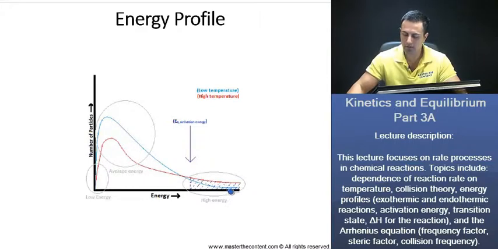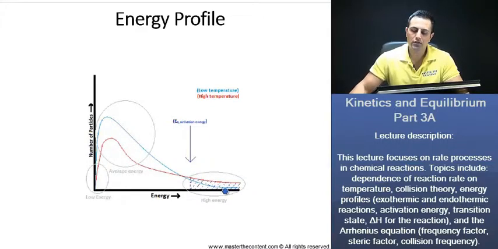Sorry, I should have just mentioned that too. If we want to increase the amount of collisions that will have enough energy equal to or greater than the activation energy, leading to more product, then there's two ways that we can do that. One, we can increase the temperature, or secondly, we can add a catalyst. Now let's take a look and see what happens when we increase the temperature.